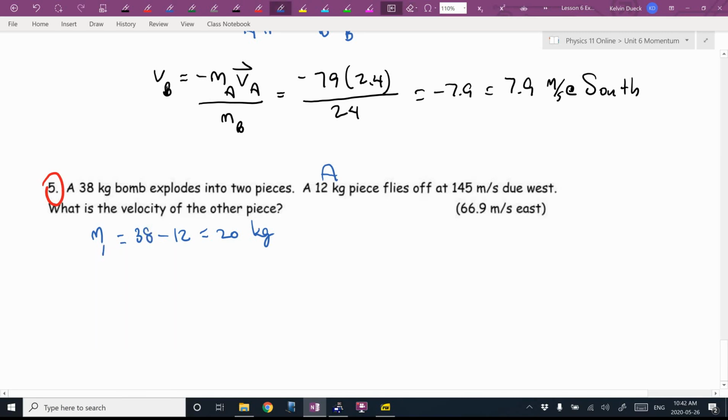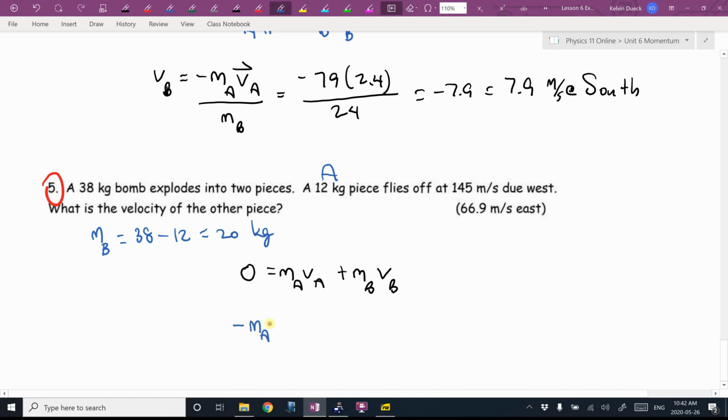Boy, that's messy. So, let's see. 0 equals mass A, velocity A, plus mass B, velocity B. I want to get that by itself. Oh, I accidentally erased the whole thing. I want to get that by itself. So how will I do that?